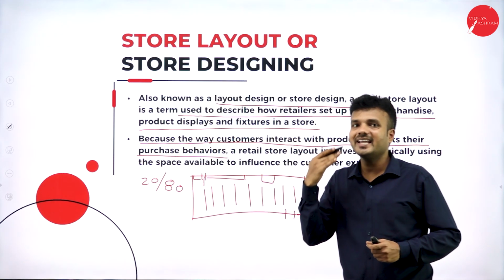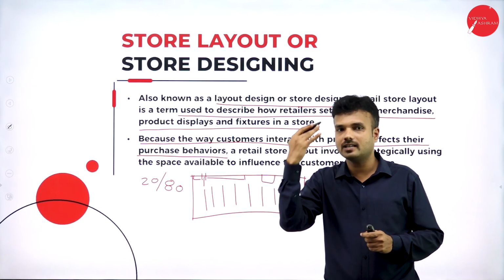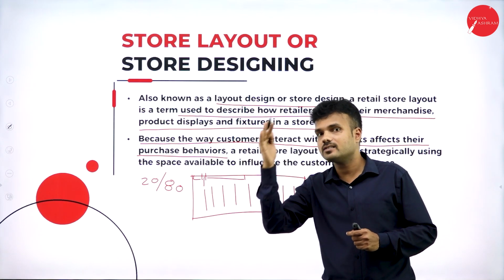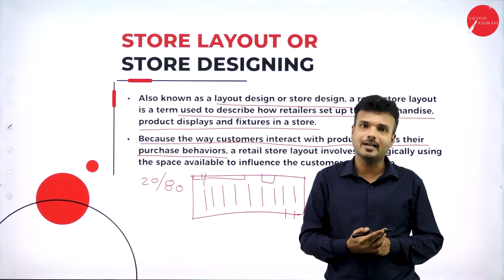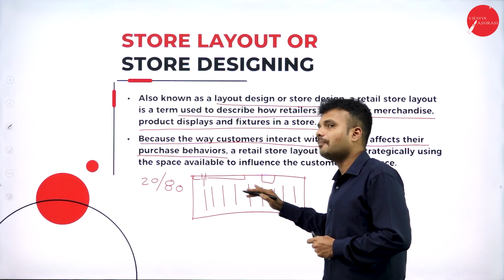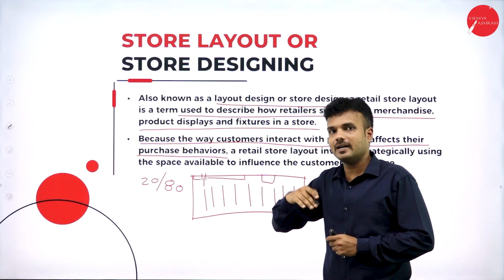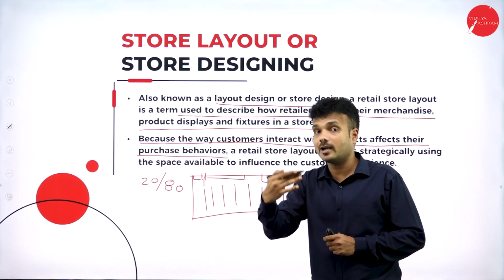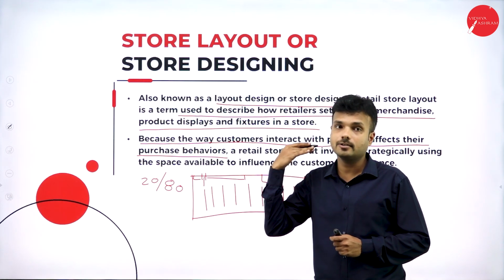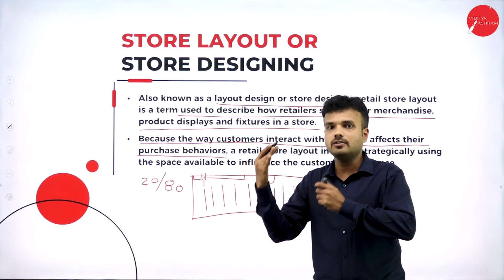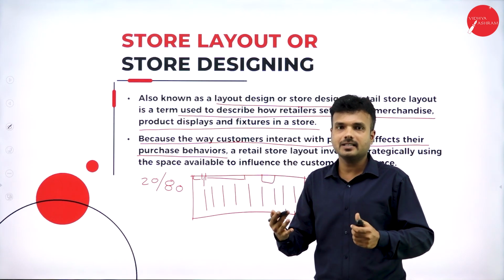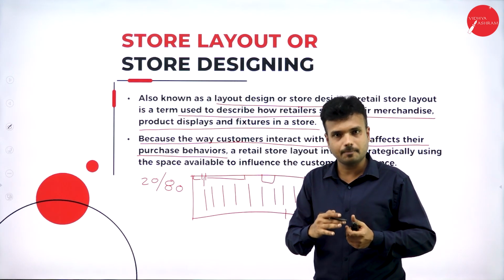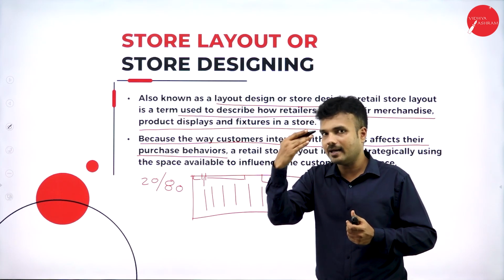So there must be an interaction of the customer with the product, which is going to influence the purchase decision. While arranging the product, the storekeeper must show the features of the product, price, quantity, and also the offers and discounts on that particular product, so that the customer gets aware of it and can make the purchase decision.